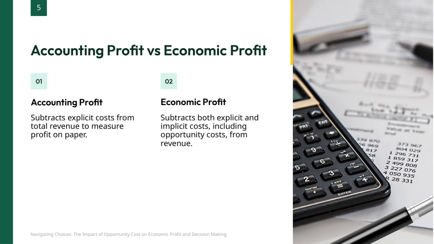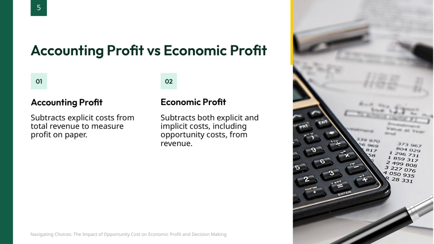Here we're looking at the difference between accounting profit and economic profit. Accounting profit is calculated by subtracting explicit costs, those direct, out-of-pocket expenses, from total revenue. It gives us a clear picture of profit based on the actual financial records. On the other hand, economic profit goes a step further. It subtracts not only explicit costs, but also implicit costs, which include opportunity costs.